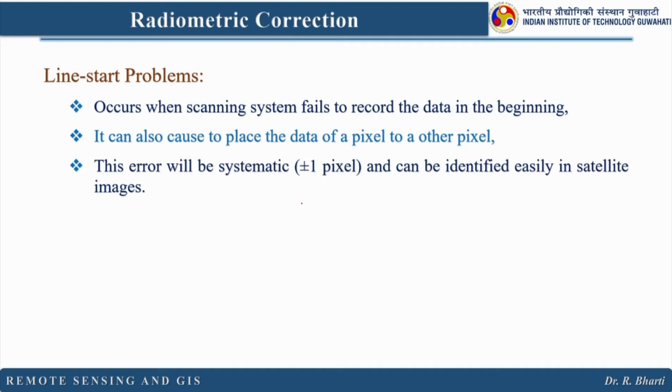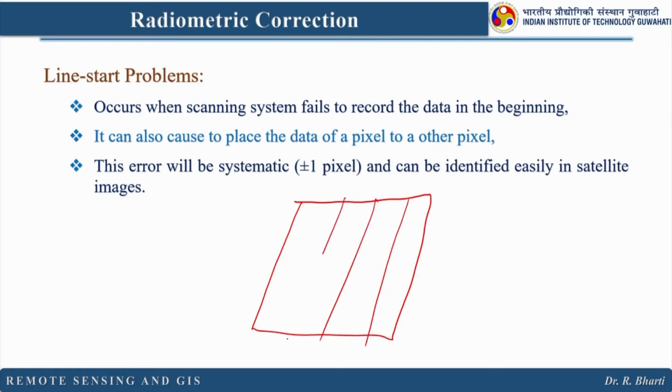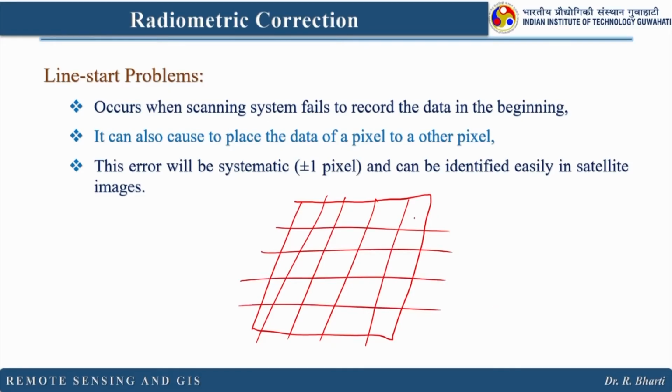So here what is happening, this is your image which was supposed to be like this, and all the values are present in between, right. So what is happening here, scanning is done in this particular manner. Let us consider this case. Scanning is happening in this direction and then the sensor is moving in this direction, right. So in the beginning it fails to record these two values, these two pixels, but subsequently all other values have been recorded.